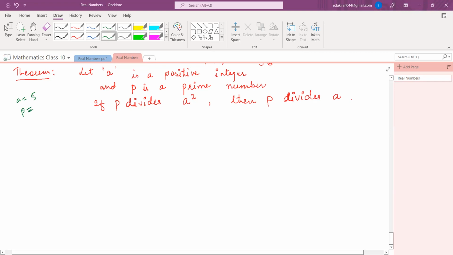No, it will not be. Like take it 6, okay? And p is any prime number which is 2. So if p is dividing a square, that means 36 divided by 2, right? So a is also divided by p. That means under root of 36, 6, right? So 6 will also be divisible by 2. Is this clear? Yes, ma'am. Okay.